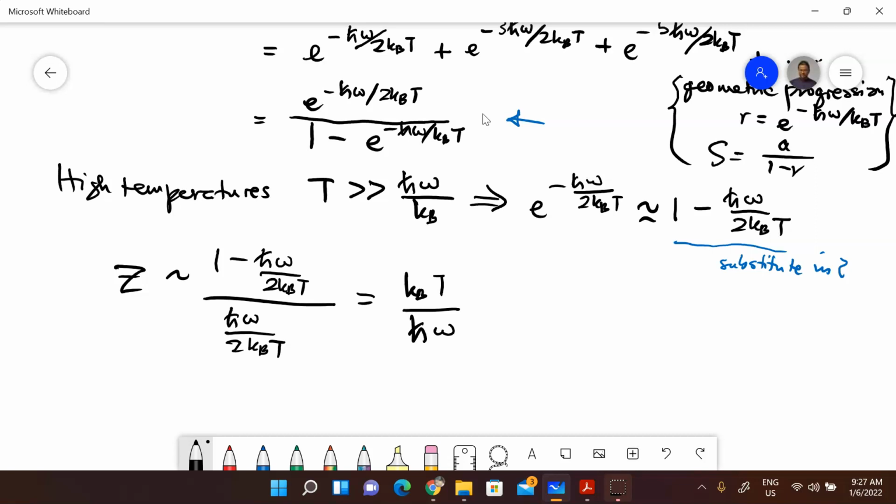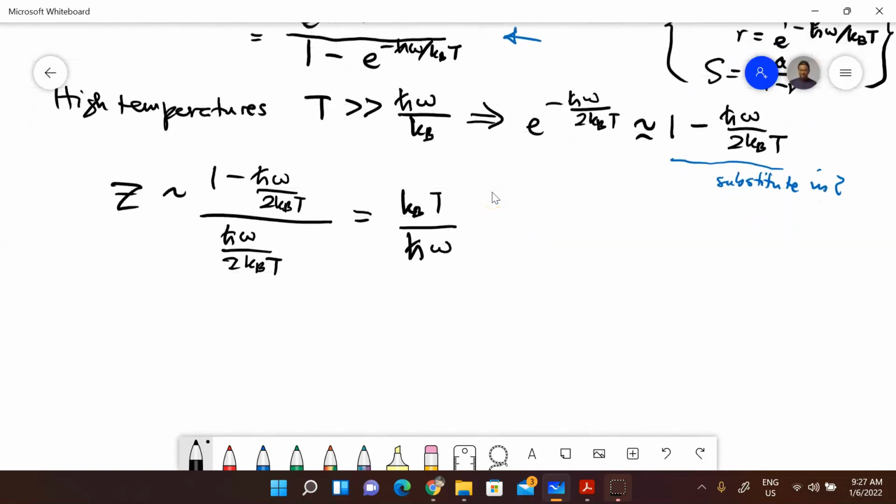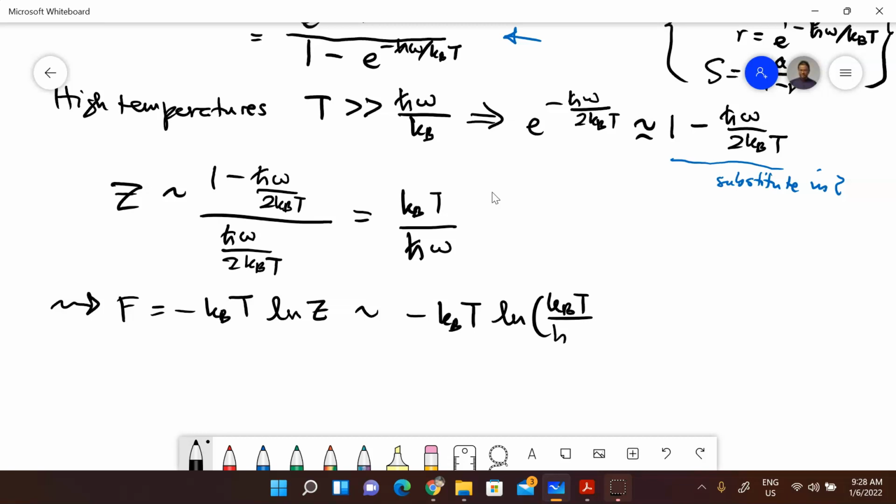Okay, so now it becomes simpler in that sense, so one can look at the physical quantities at high temperatures. So the first thing that one can actually try to do is to write down the free energy, which is minus kBT log Z. Okay, and that is given by minus kBT log of that term there. Okay.